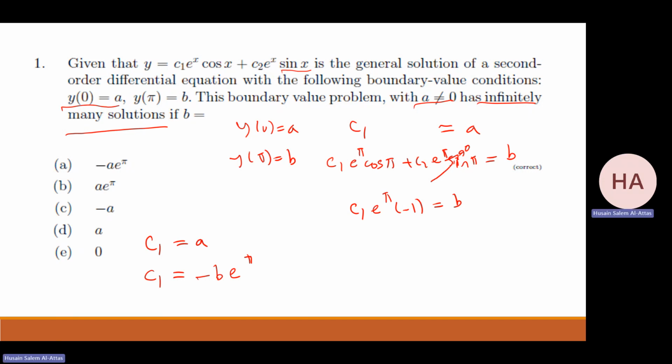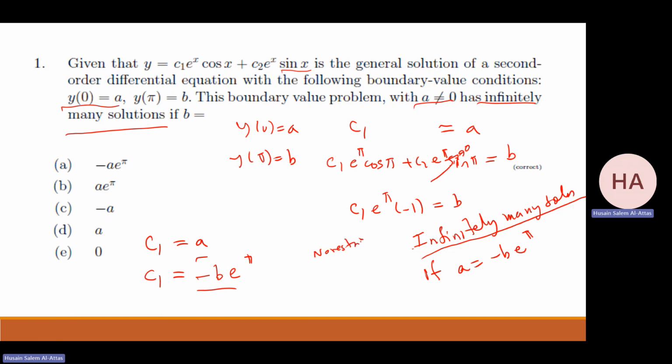So to have infinitely many solutions, since C2 any value, no restriction in C2. If this is equal to this, then because of that, I have infinitely many solutions, because C2 has no restriction.